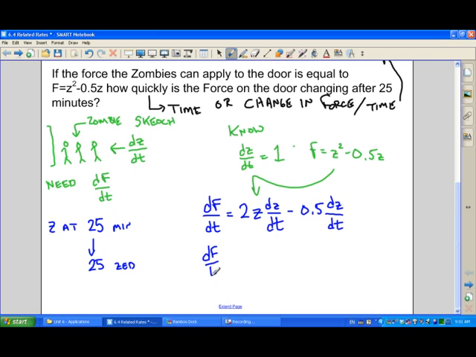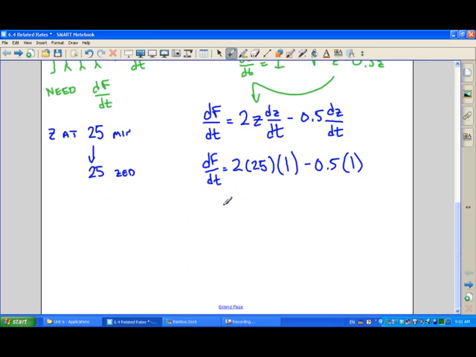So plugging all this in, df by dt is going to be equal to 2 times the 25 zombies times the rate at which they're arriving, which is just 1, minus 0.5 times the rate that they're arriving. So solving this all out, I get 49.5, and forces in newtons per minute.